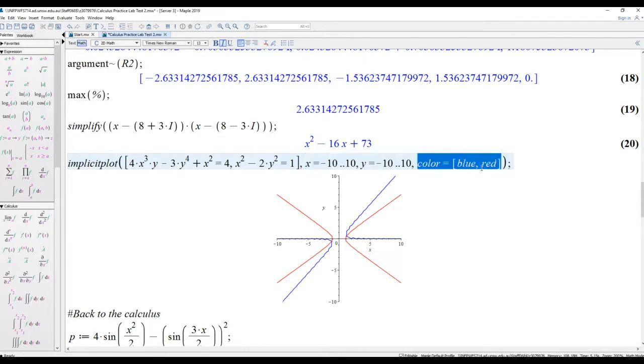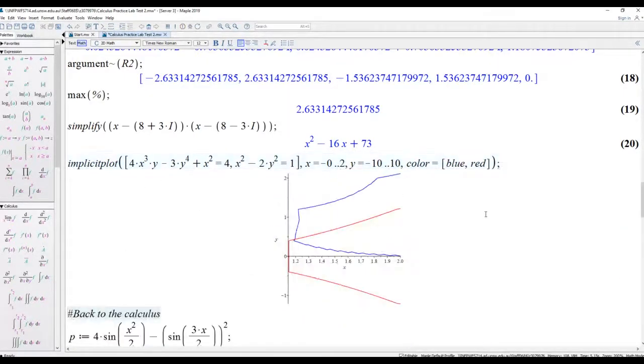You don't have to do this, but I've chosen two different colors because it's easier to see what's going on. If you look at this closely, you can see there's going to be 2 points where these things touch. Now, if you can't quite see that, you can always change the settings to give you a clearer look, right?